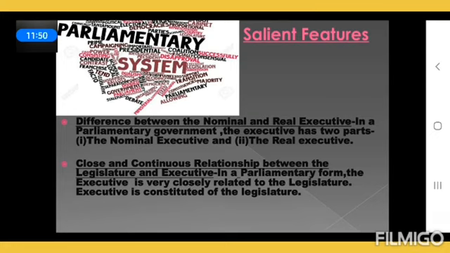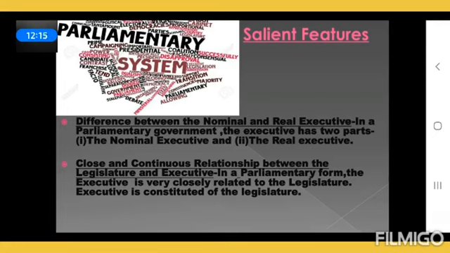So the head of the state is only a nominal and constitutional head of the executive, in whose name the prime minister and the council of ministers really exercise all the executive powers. I hope I'm very clear. So this is the difference between the nominal and the real executive.